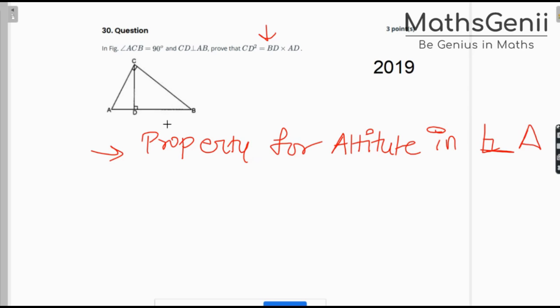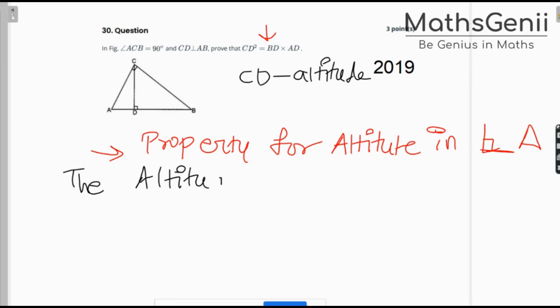What is the property? The altitude. This is the altitude. CD is your altitude in this question. When the altitude is drawn to the hypotenuse... This is your hypotenuse.